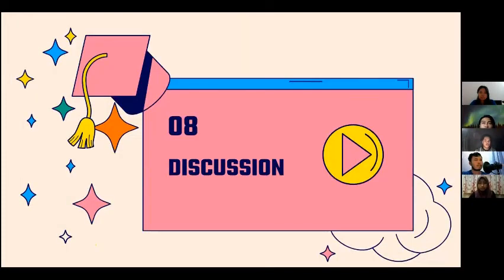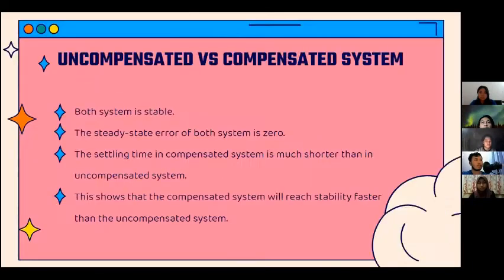Okay, discussion on the analysis. What you can see from both graphs, uncompensated versus compensated system, is that both systems are stable, and the steady state error for both systems is 0.